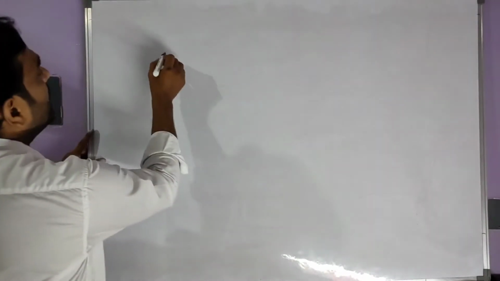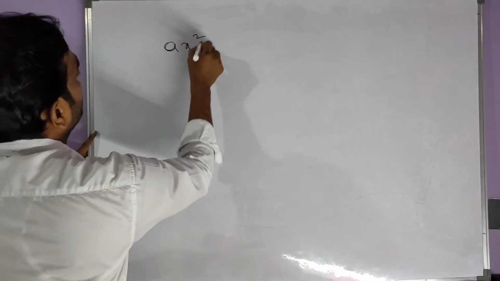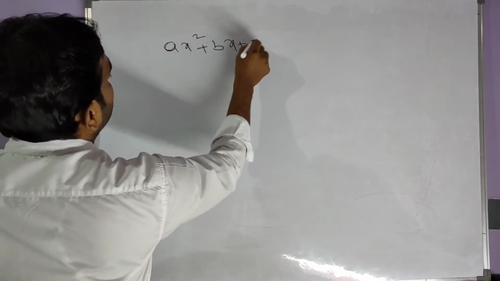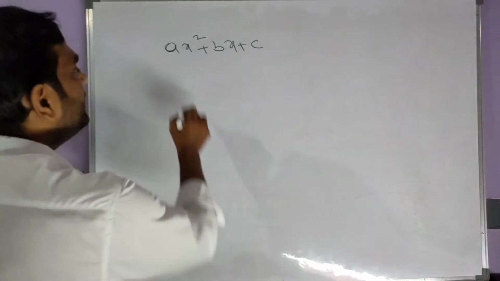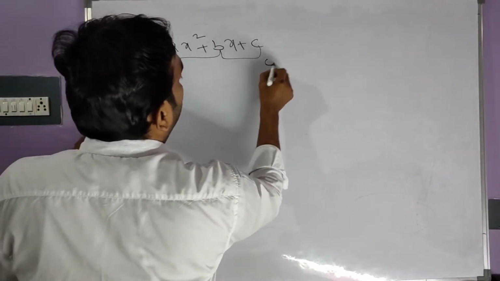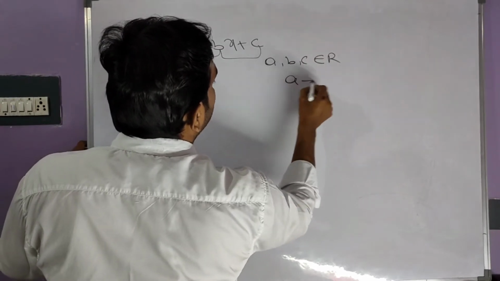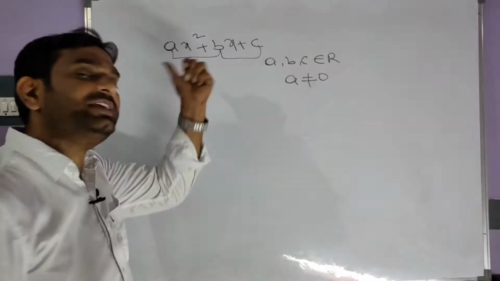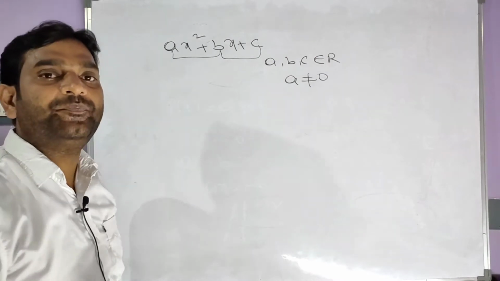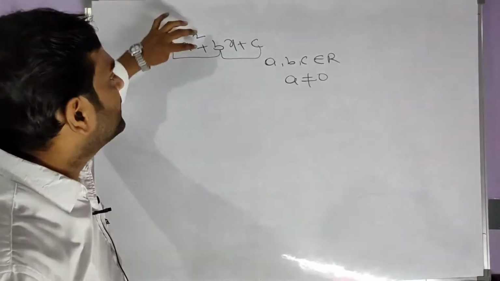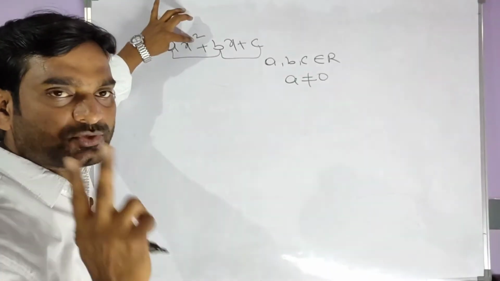Let's take a quadratic polynomial ax square plus bx plus c. Here a, b, c are real numbers and a is not equal to 0. Then it's a quadratic polynomial, meaning the degree of the polynomial is 2.